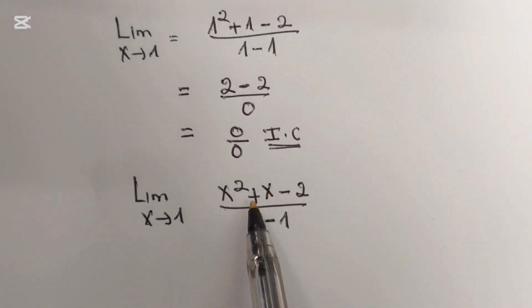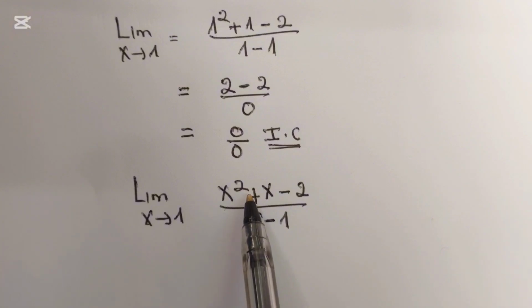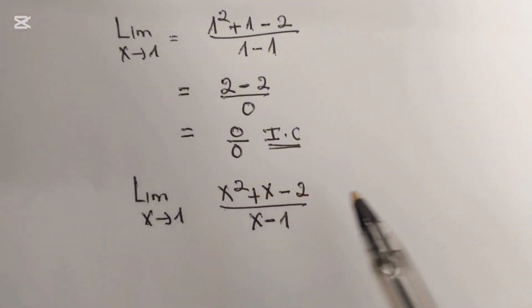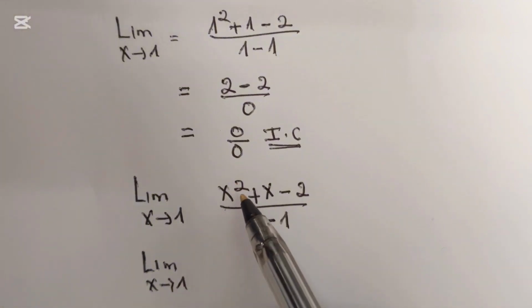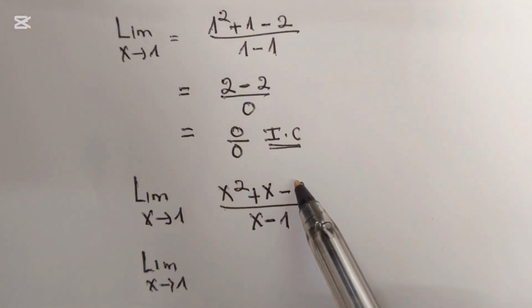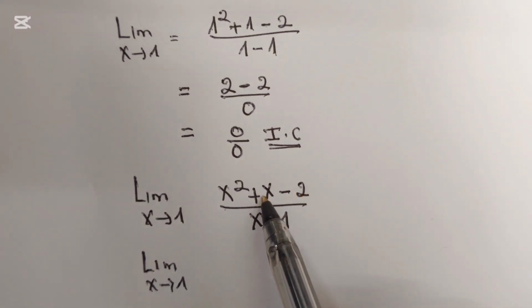Then the first thing is to factorize the quadratic expression we have here, x squared plus x minus 2. Here we have to find two numbers that multiply together to get negative 2 and their sum is equal to positive 1.